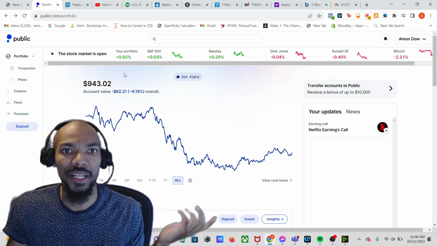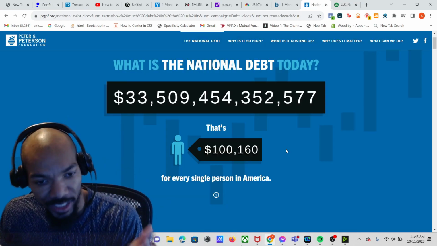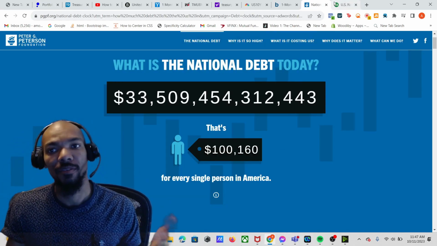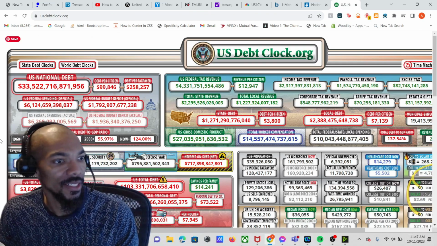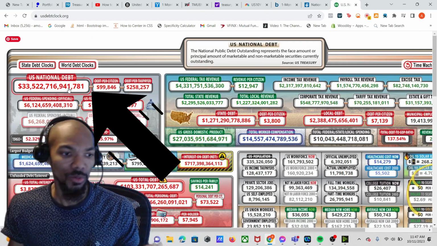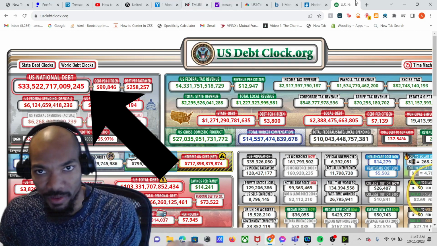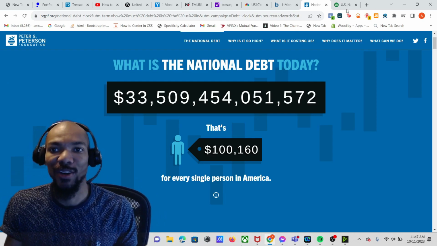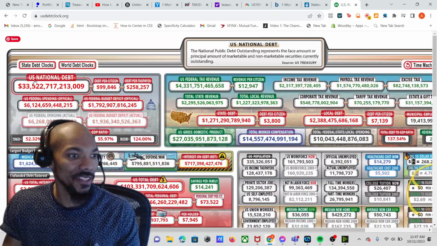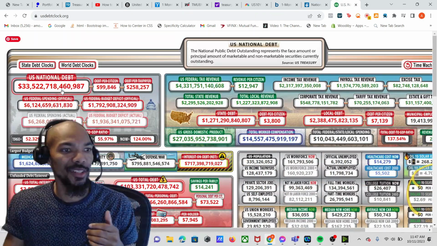I'm pretty sure you guys are familiar with the national debt. The government, of course, ends up borrowing money, and when you buy a treasury bill, you're buying the national debt. Which means you're lending money to the government, and then the government pays you back. Right now, the U.S. national debt is at $33 trillion.